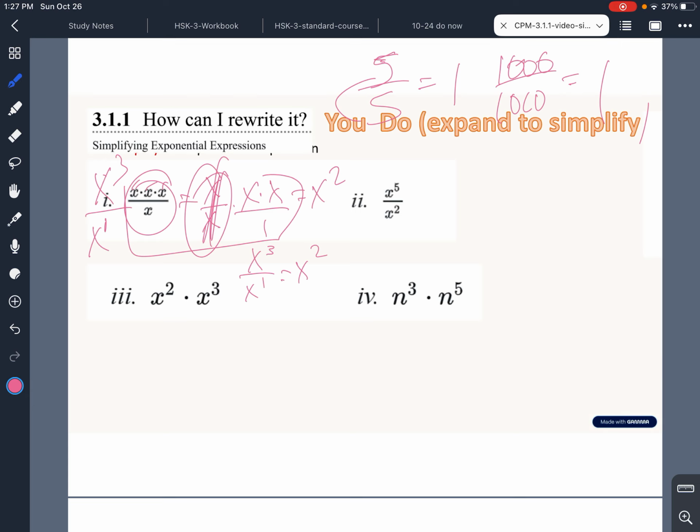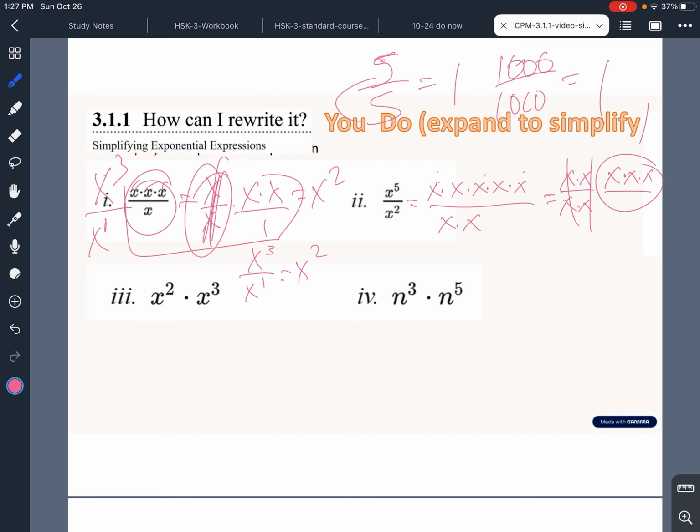So I have x to the power of 5, which is not 5 times x, it's x times itself 5 times. So x times x times x times x times x, divided by x times x. So I'll go ahead and do it anyway. I have x times x over x times x, times x times x times x, because this cancels out.